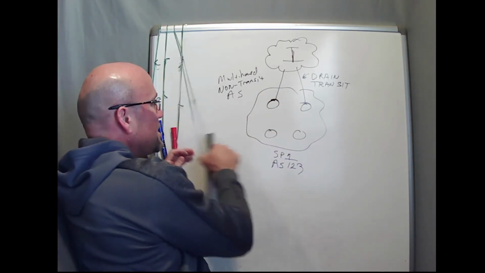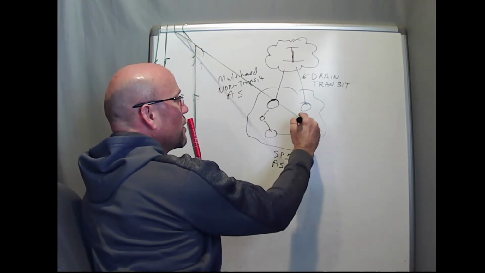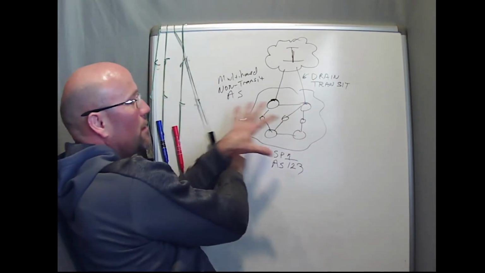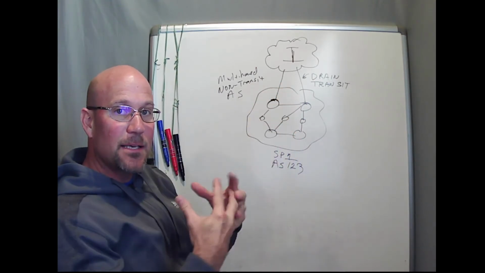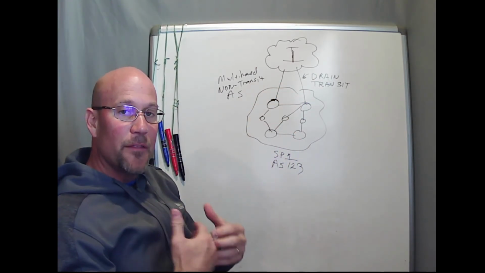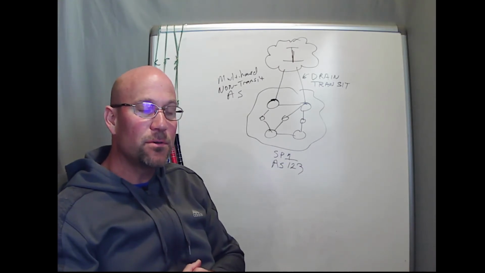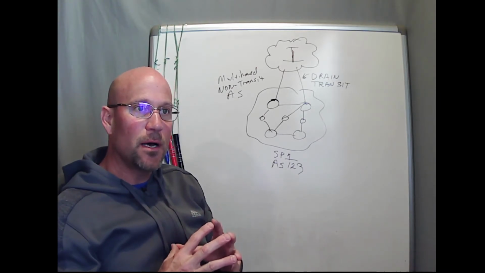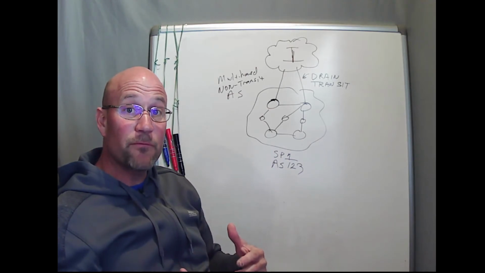I don't care how detailed this network is or how complicated with various routers in here. This network looks like one hop to BGP in its AS path list. That's an attribute of BGP. We're going to get into detail in BGP when we get into the concepts as they relate to BGP and how it advertises reachability information.